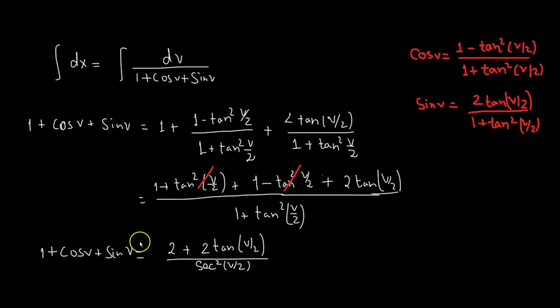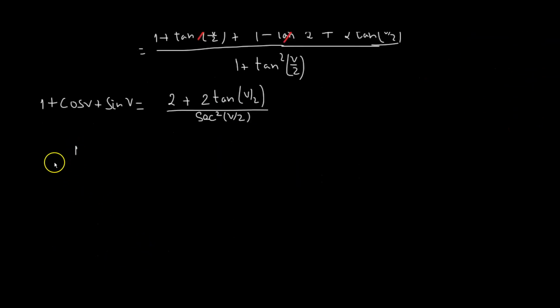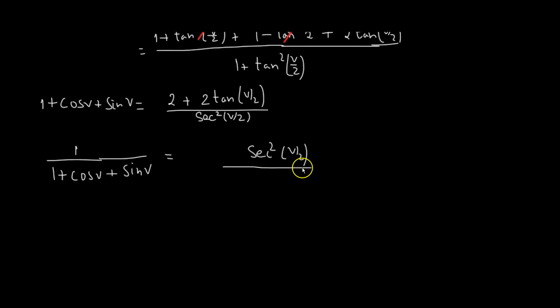Now we'll take the reciprocal, so that will be 1 divided by 1 plus cosine v plus sine v. So this is equal to secant squared v over 2, whole divided by 2 plus 2 times tangent of v over 2. Let's integrate both sides with respect to v. So we have the integral of dv here.